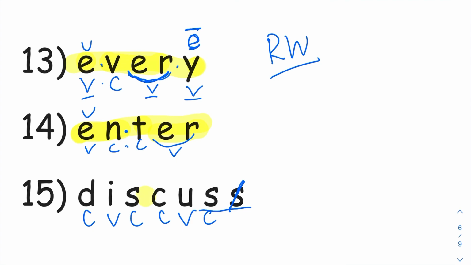This one sort of has a prefix, you might say, with a breve. We can talk more about that, but consonant, consonant, mark it with the breve. You might notice this base word: to cuss something, to say something, discuss. You're talking about something, right? Good. There's our words for the week.